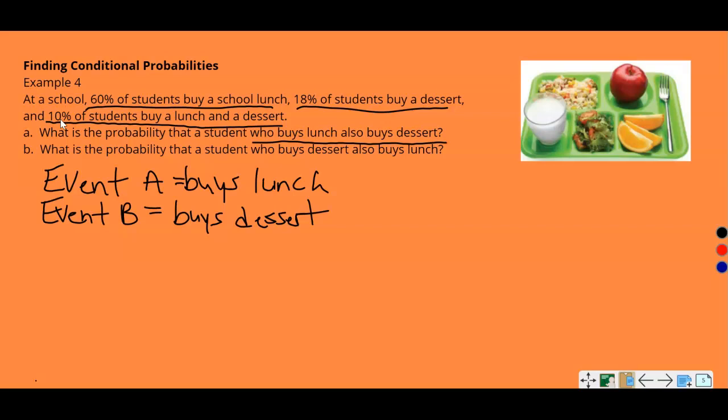So if we look at the formula again, remember the formula is P of B given A. On top we're going to have the probability of A and B, and on the bottom we're going to have the probability of just A.